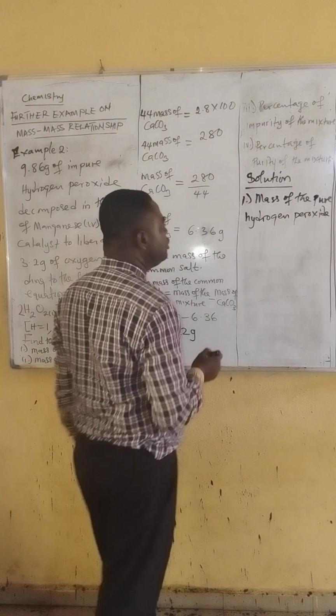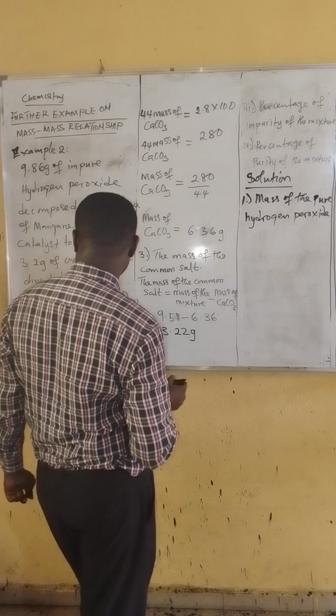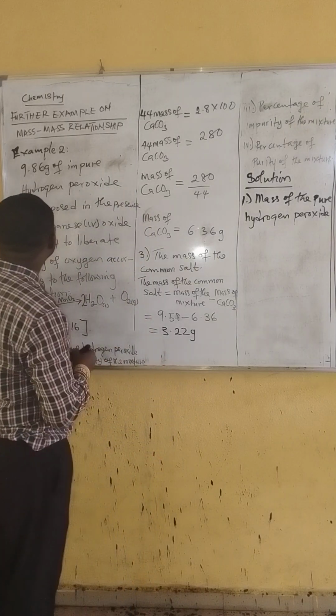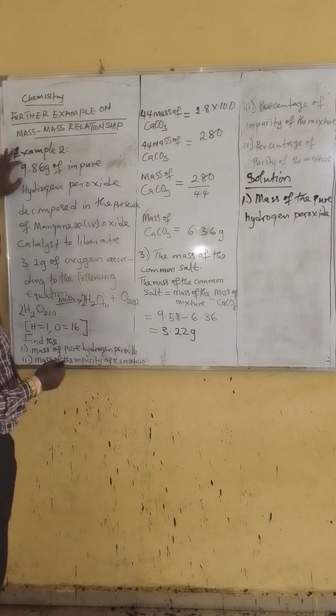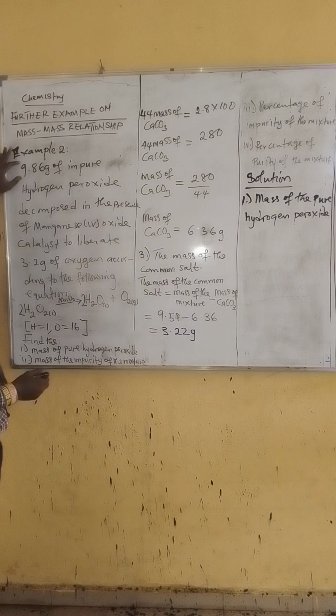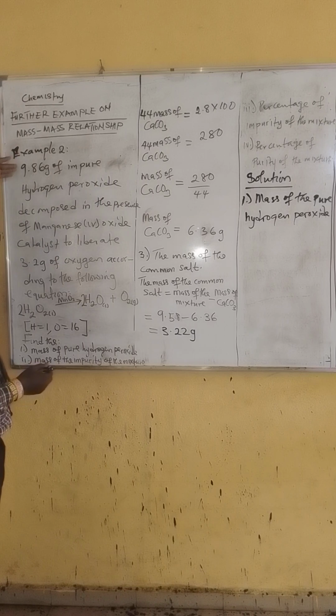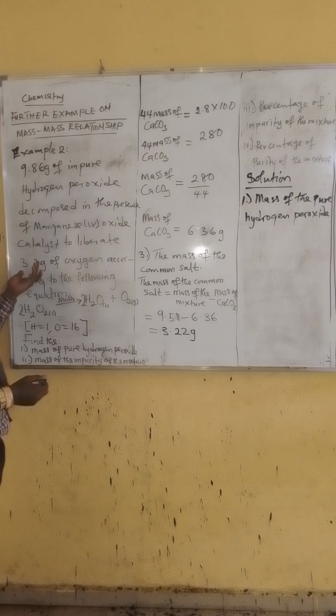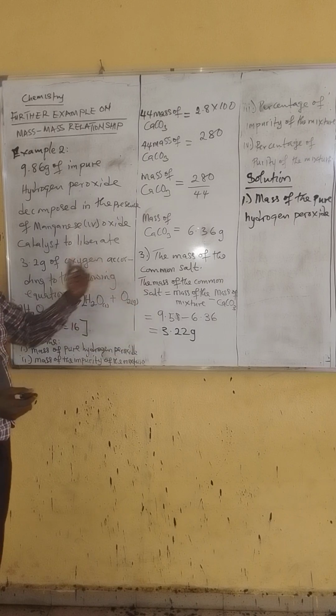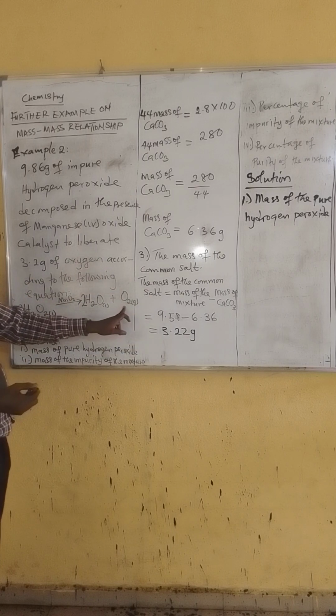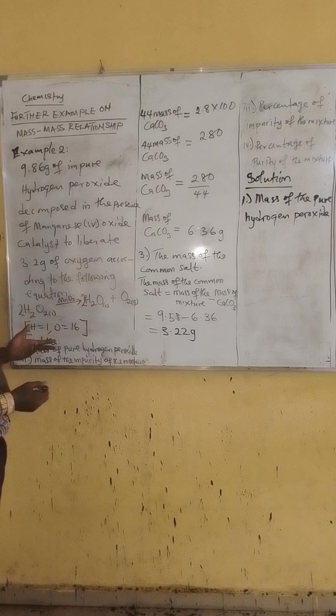It's not as if a certain mass was not given for hydrogen peroxide, but the mass given is the mass of impure, meant for both hydrogen peroxide and other impurity added to it. So we ignore it. We look at it as if the mass of hydrogen peroxide is not given. But we are given the mass of oxygen liberated.